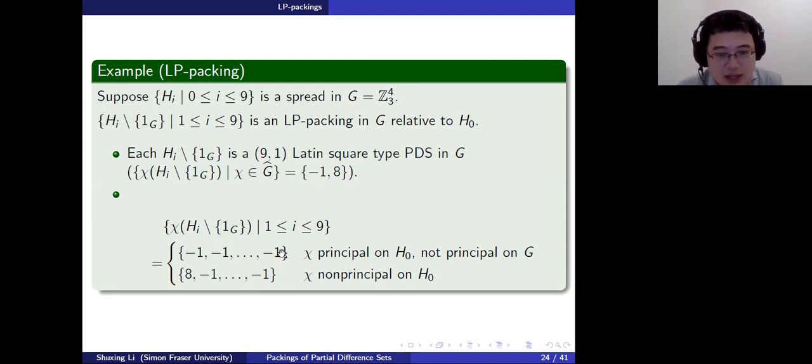And those 9 values have exactly 2 choices: either always -1, or one of them is 8 and all the others are -1. And the choice between those two depends only on whether chi is principal on H_0 or not. Chi principal on H_0 means chi sends every element in the subgroup H_0 to the number 1. So to some extent, we have extended the two-valued phenomenon from each individual PDS to a collection of PDS.